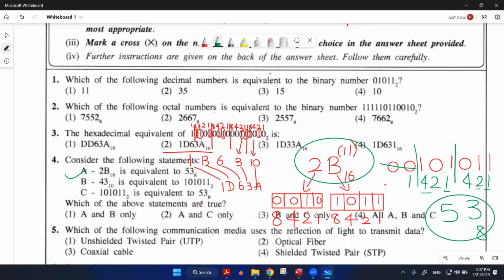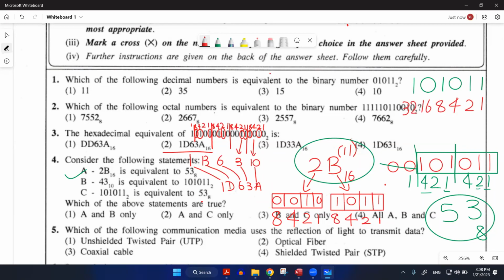Statement B says 43 in decimal is equivalent to 101011, the same value we took. If we convert this into decimal, 101011, the place values are 1, 2, 4, 8, 16, 32.